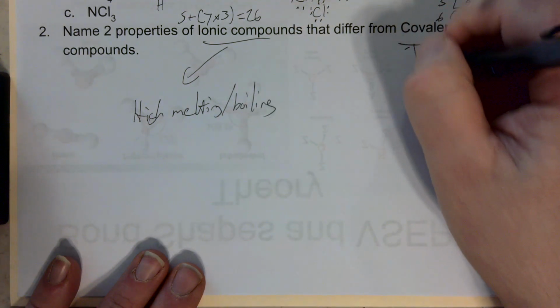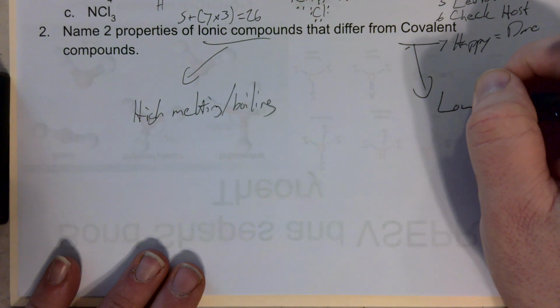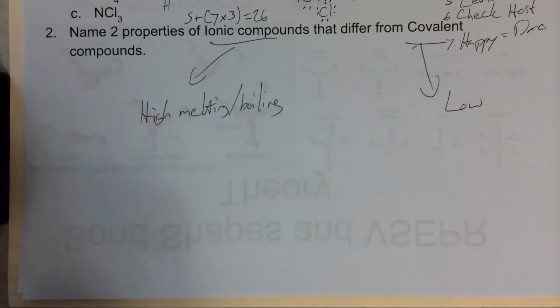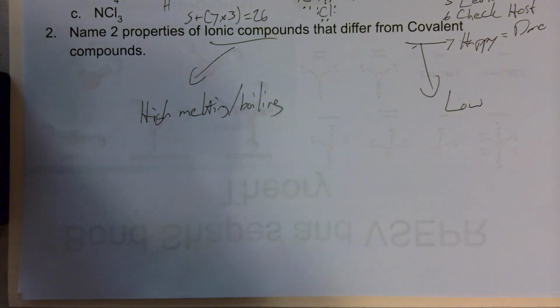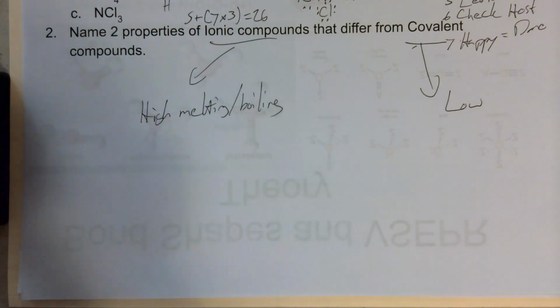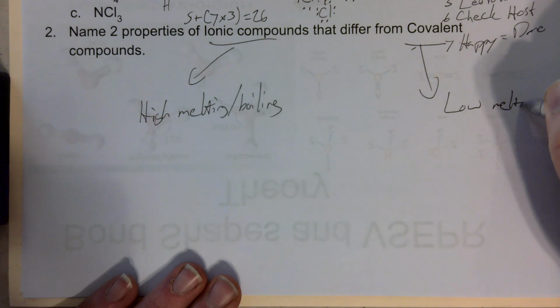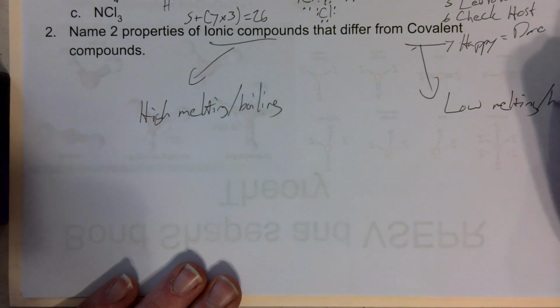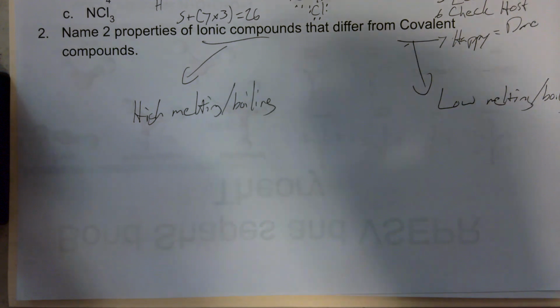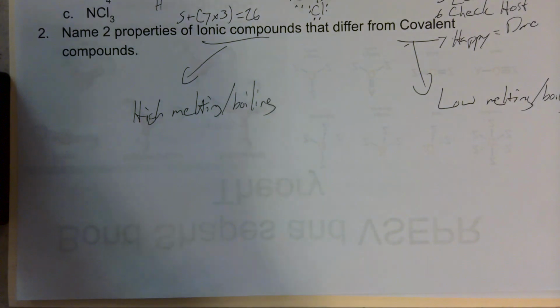But our covalent had low. So if you were looking at your samples, like number 1 and number 4, number 1 was sugar. And those who've ever done any cooking in the kitchen know that sugar melts pretty easy. And then number 6 was actually wax. They were birthday candles. And we've all seen candles melt pretty quickly.